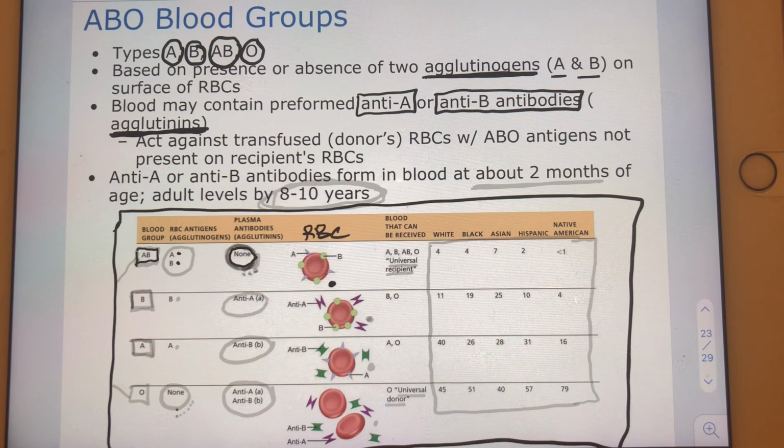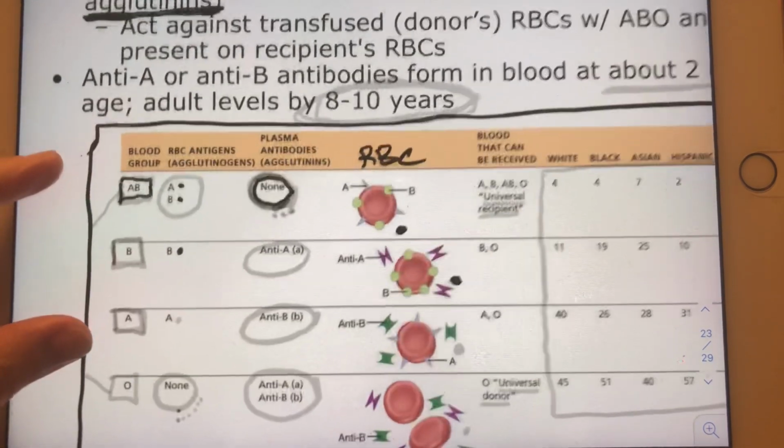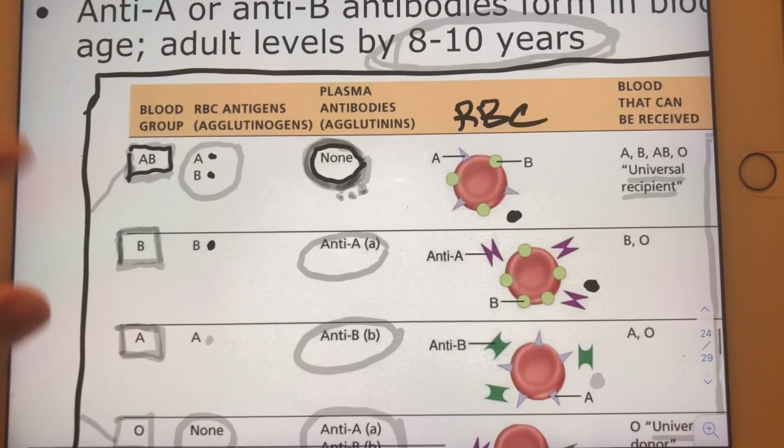If we march along to the next example of a red blood cell, we can see this red blood cell is wearing, at least where ABO blood types are concerned, only the B antigen or the B agglutinogen.